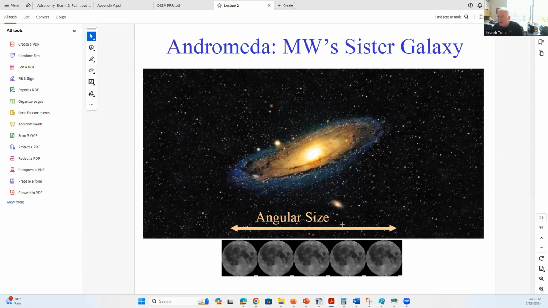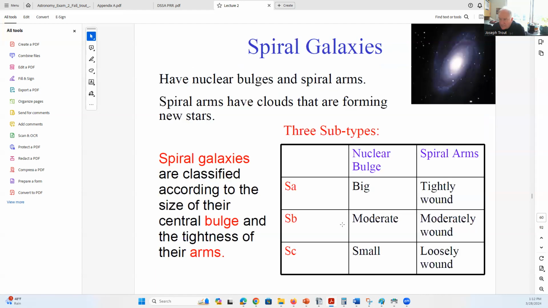We also have a sister galaxy, and this is Andromeda. Spiral galaxies are classified according to the size of their central bulge and the tightness of the arms. So for instance, for spirals, we have SA and SB and SC. In SA, there's a big nuclear bulge, and in SC, there's a small one.